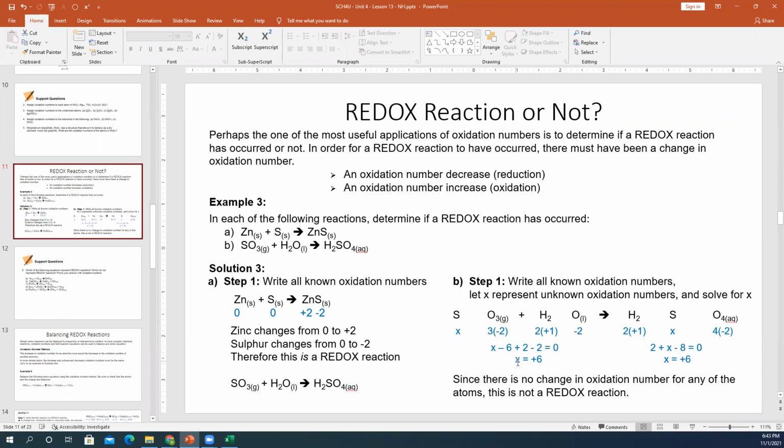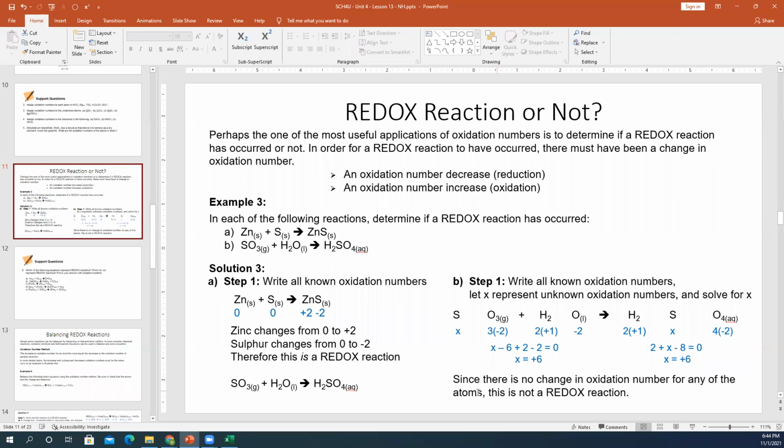So once you add it all up, you see that X is equal to +6. Same with the H2SO4. We add it all up and we see that H2SO4 is an electrically neutral compound. There's no charge on it, so it has to add up to 0. And once we add it up to 0, we see that X is equal to +6 again on this side as well.